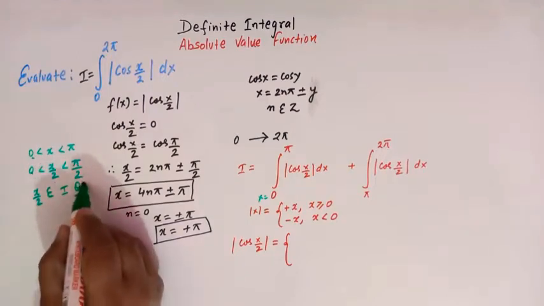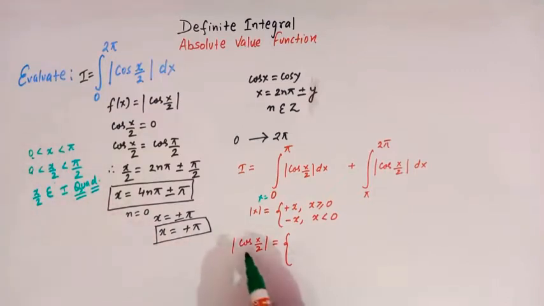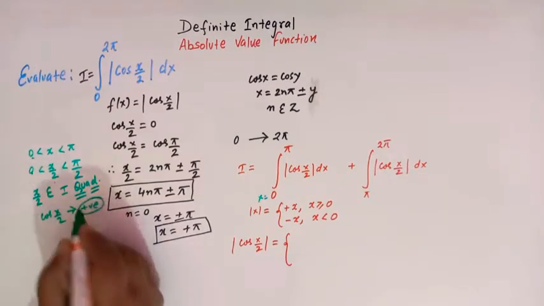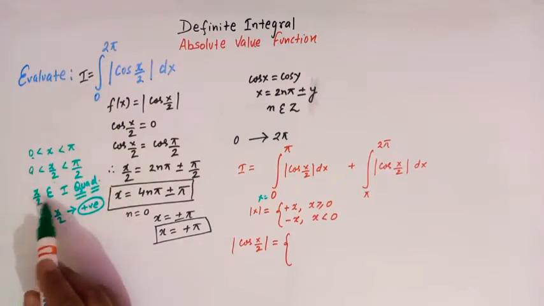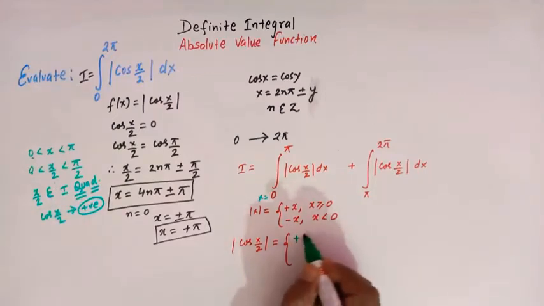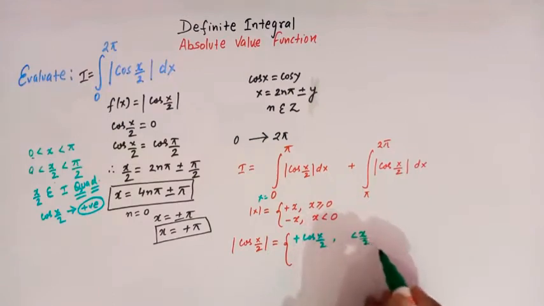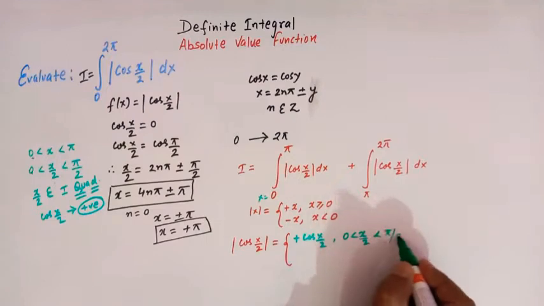So it belongs to the first quadrant, and hence in the first quadrant the cosine function is positive, right? So cos x over 2 is a positive quantity in the first quadrant, because this angle, that is x over 2, belongs to the first quadrant. So here we have plus cos x over 2 when x over 2 lies between 0 and pi by 2, right?